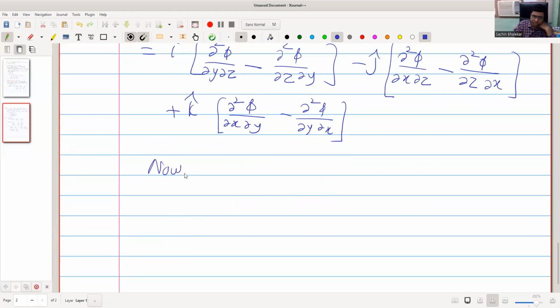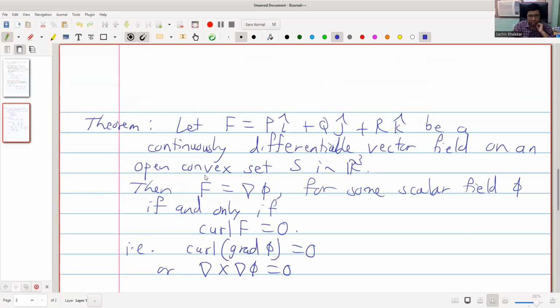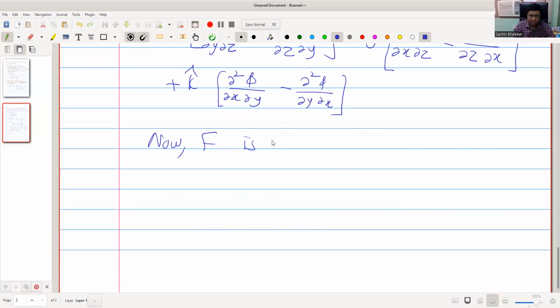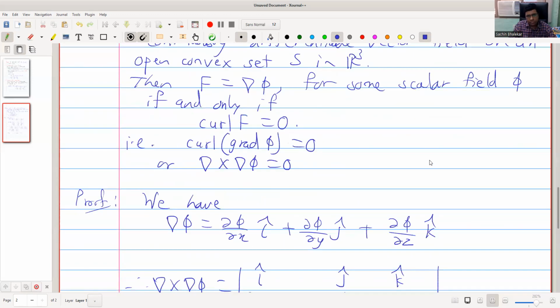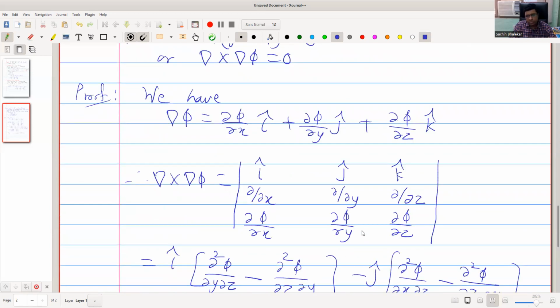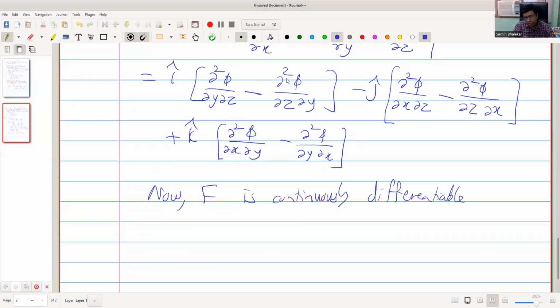Now capital F is continuously differentiable, therefore we must be able to write that these two quantities are the same. The order doesn't matter whether we take the partial derivative of phi with respect to z first and then with respect to y, or with respect to y followed by with respect to z.